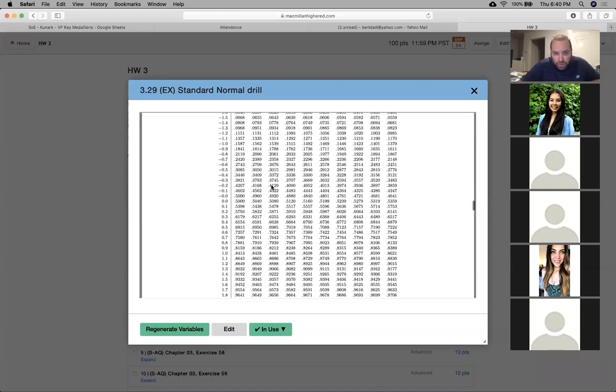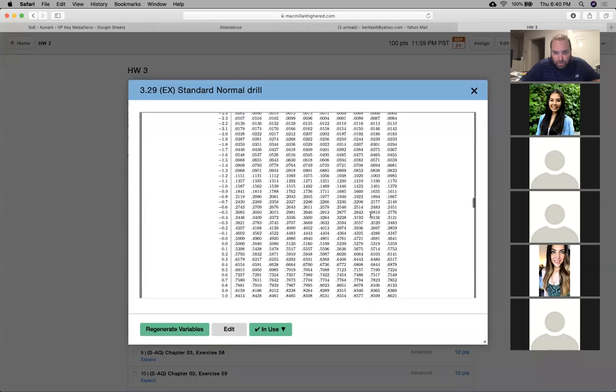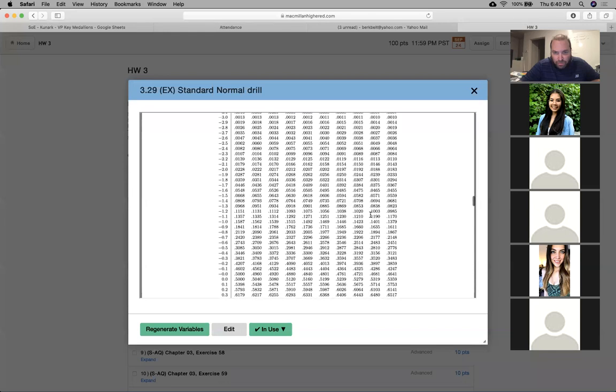So I look for 0.65 in my table, which is between those two numbers. You see what I'm saying, between these two numbers? Yes, no, maybe so? Yeah. So it'll be about 0.3. Let's scroll down. So it's between 0.38 and 0.39.